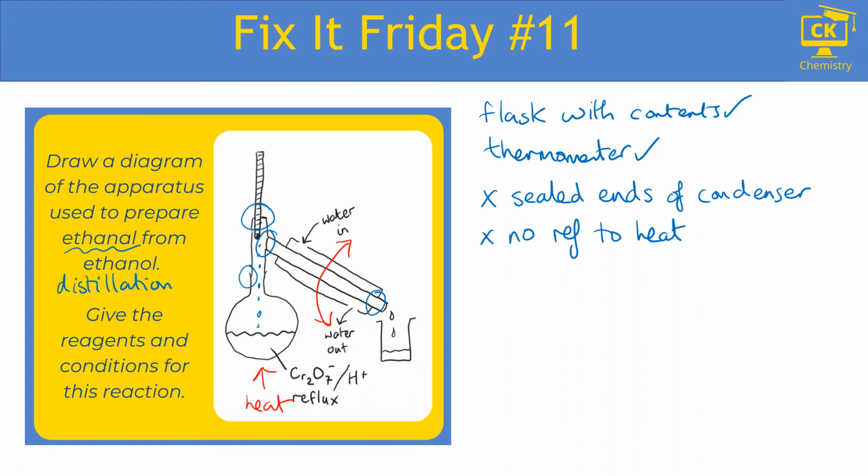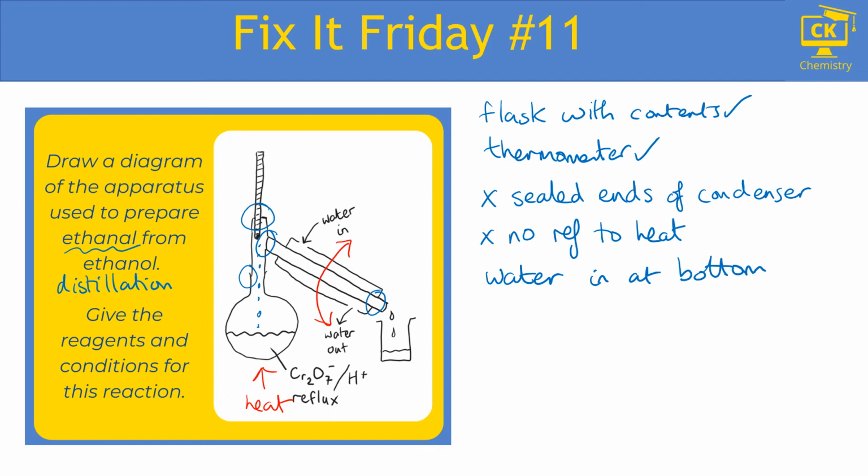So we want the water to flow against gravity so that we can maintain a good pressure in the condenser, keep the cold water flowing around, and therefore keep condensing the liquid really well. And so our water should be in at the bottom of the condenser, not at the top. And then finally, it doesn't really matter about having a collection container. You can draw little drops going into it if you want. Actually, that's not an essential part usually.